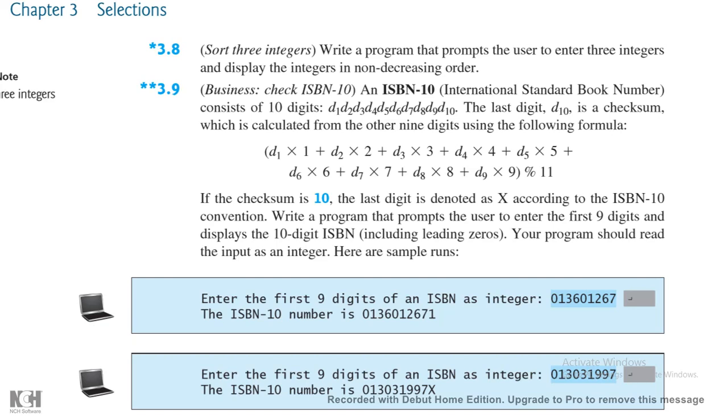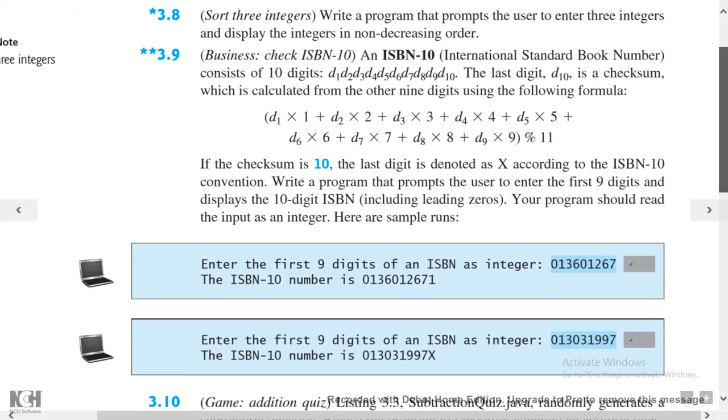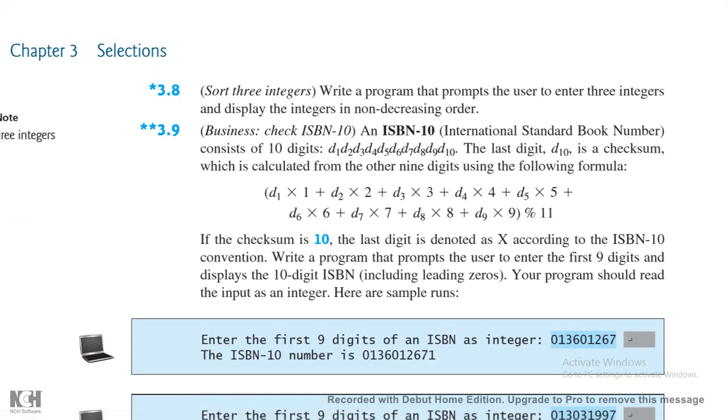The last digit, D10, is a checksum. What does that even mean? Which is calculated from the other 9 digits using the following formula. If the checksum is 10, the last digit is denoted as X according to the ISBN 10 convention.